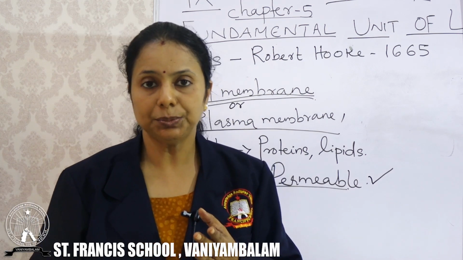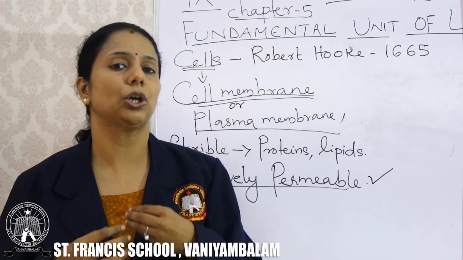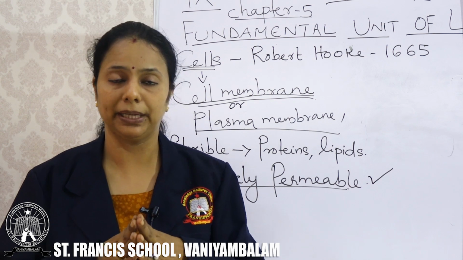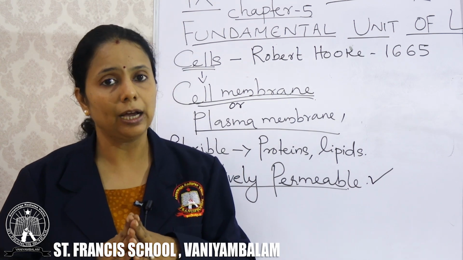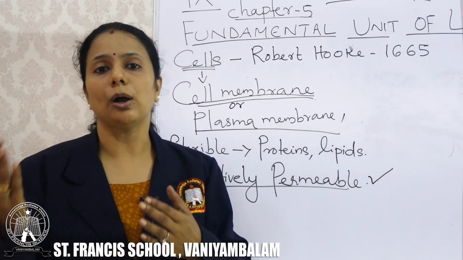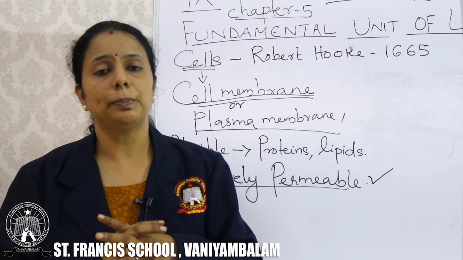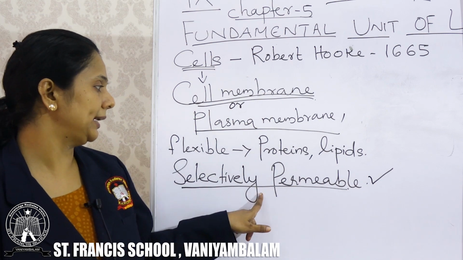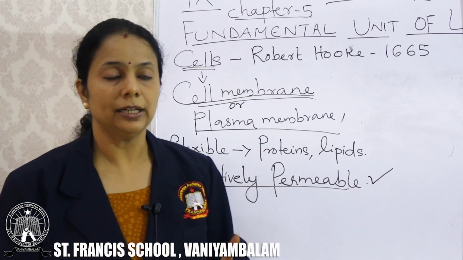I will explain once more why the plasma membrane is called a selectively permeable membrane. Because the plasma membrane allows the entry and exit of certain substances in and out of the cell. That is why it is called a selectively permeable membrane. Clear? Okay.